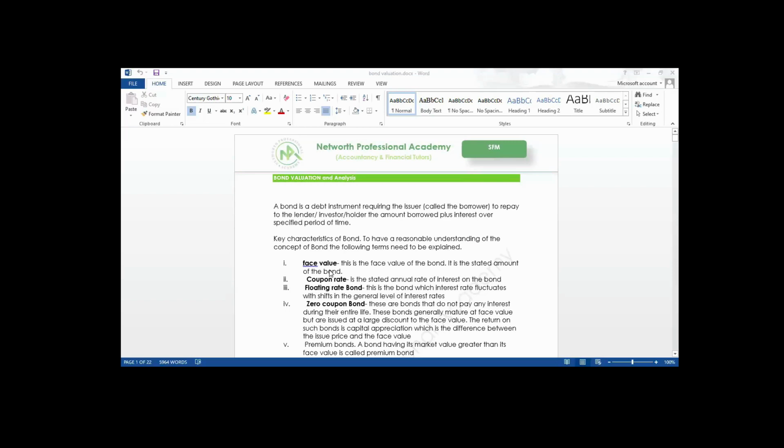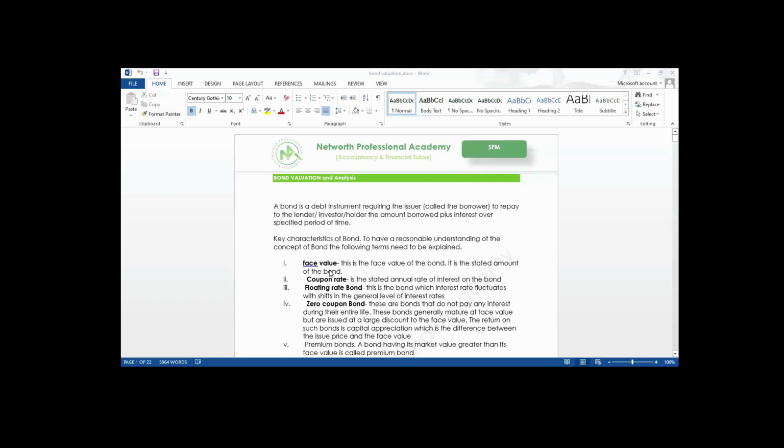That is what we call the face value. Or it could be 1,000. We talk about the coupon rate, that is the interest rate stated on the bond. You can have floating rates, fixed rate, or zero coupon bond.